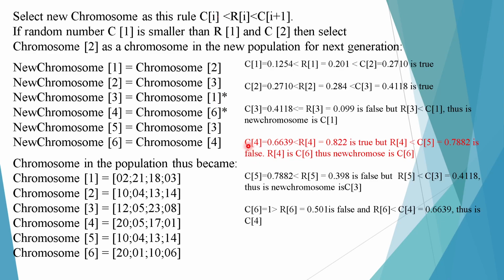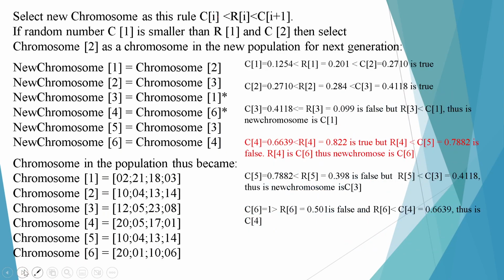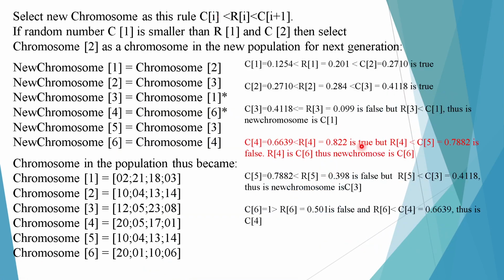The C4 value is 0.6639, which is less than R4, 0.822. It's true that 0.6639 is less than 0.822.